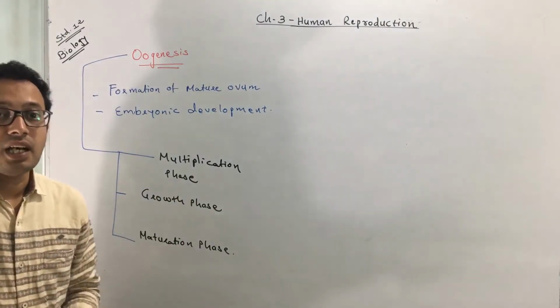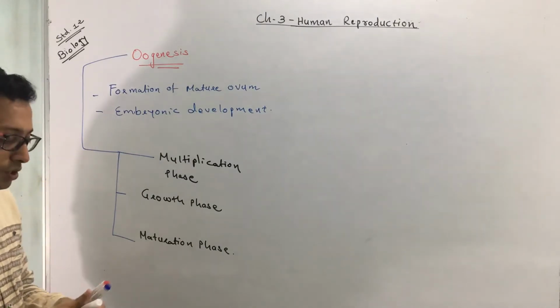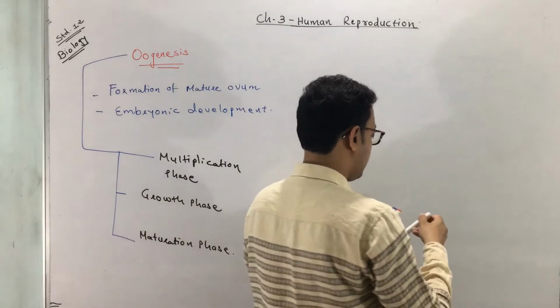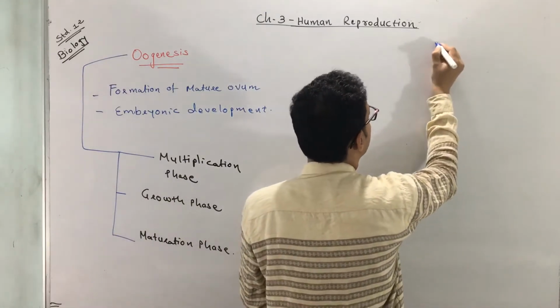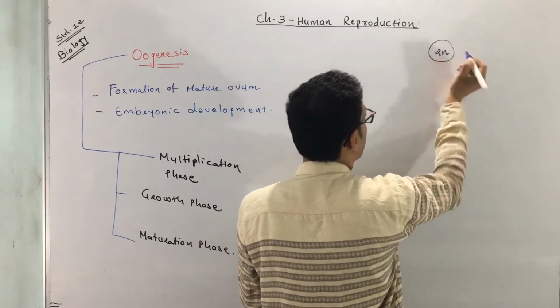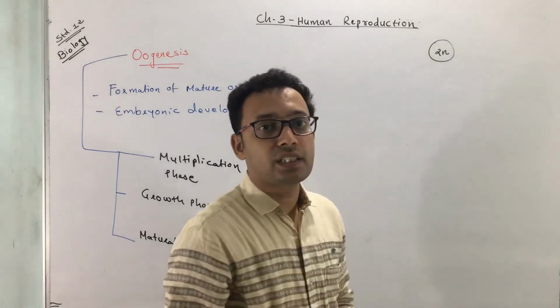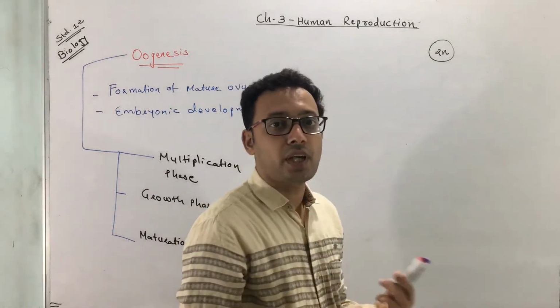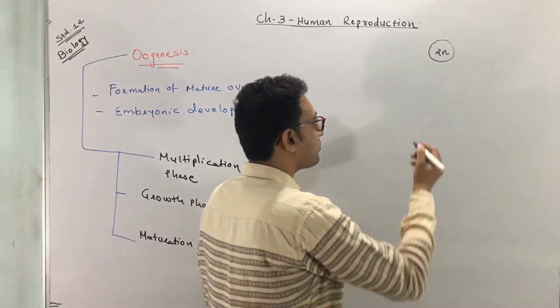Now let's start how the process is going to initiate. The process starts from a single cell, which contains 2n number of chromosomes. In a human being, it contains 46 chromosomes. You can write it as 2n, or you can also write 46 chromosomes.